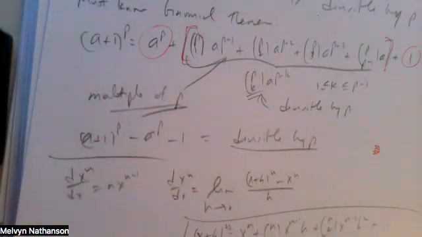I'm sorry, which question did you ask about? She said 30. Number 30. Okay.